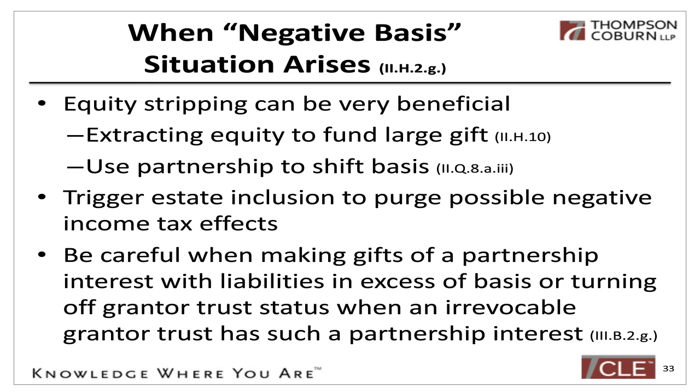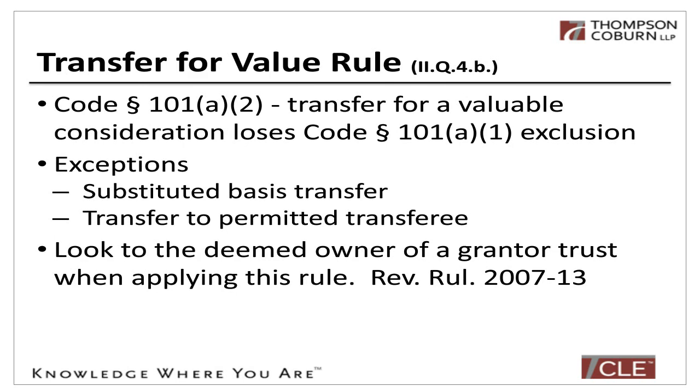Okay, next slide. All right, now we are done with that. I know I raced through that, but I wanted to get back on time for this transfer for value rule slide. This is a very important topic. So normally, when you receive death benefits from a life insurance policy, that is not subject to income tax.